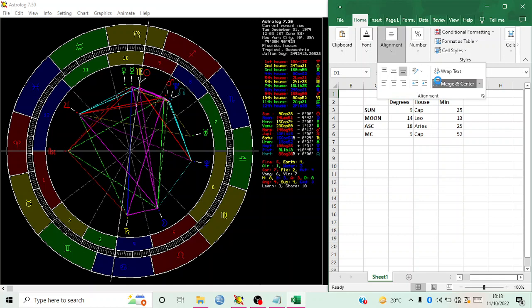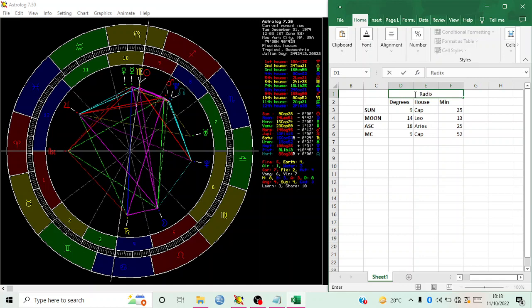Okay, let me merge this and the radix. So I'll say radix positions or places. Okay, let's say radix places. Radix places, yes.